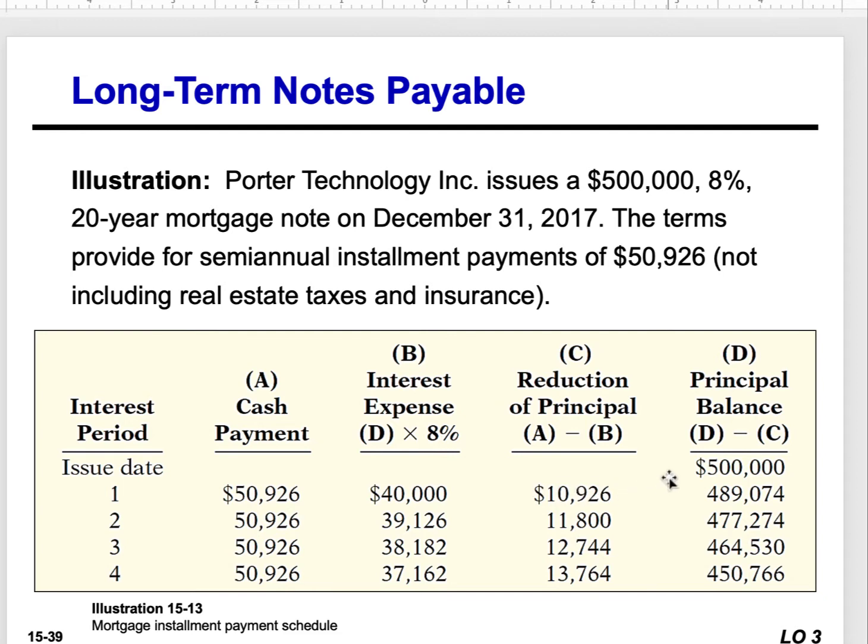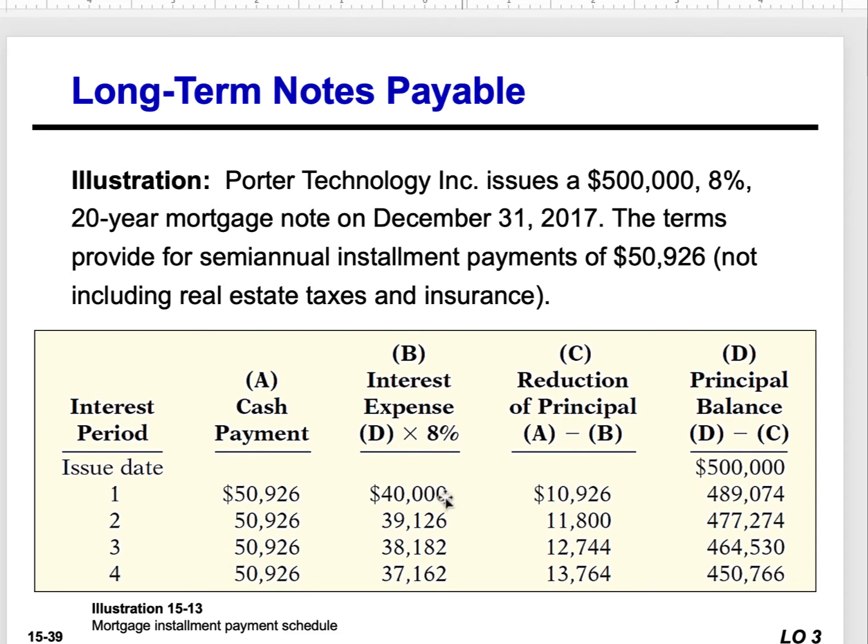So we come over to D, we see that we originally had a $500,000 balance. We subtract out the $10,926. We end up now with a principal balance of $489,074. That's the balance owed on this loan.